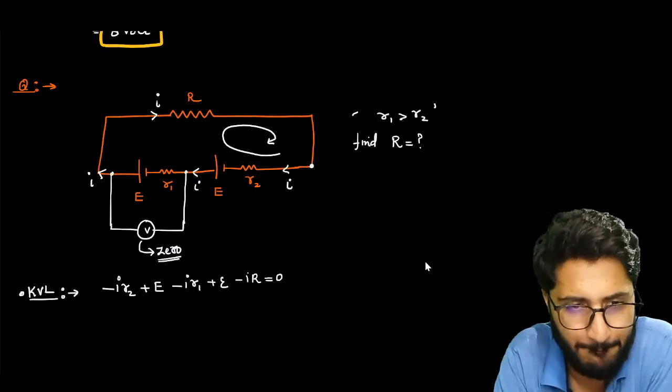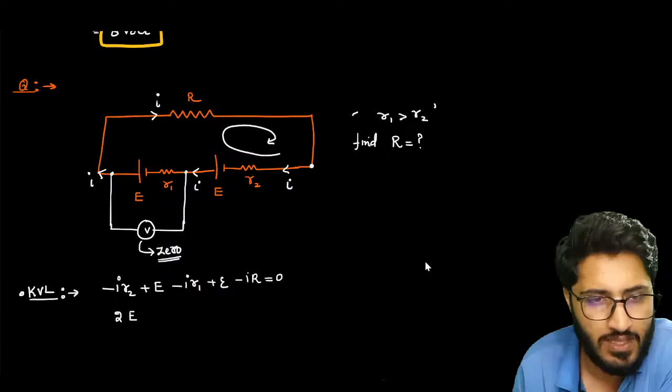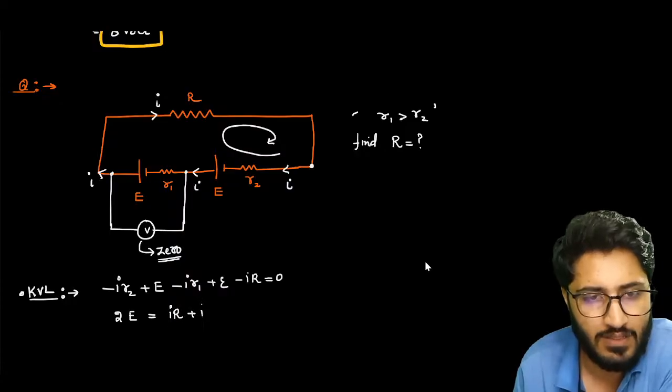Clear? So look, E plus E is 2E. It came out to be 2E. So I will write 2E equals IR plus IR1 plus IR2.